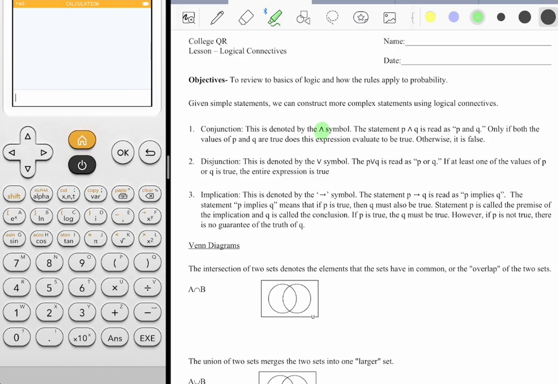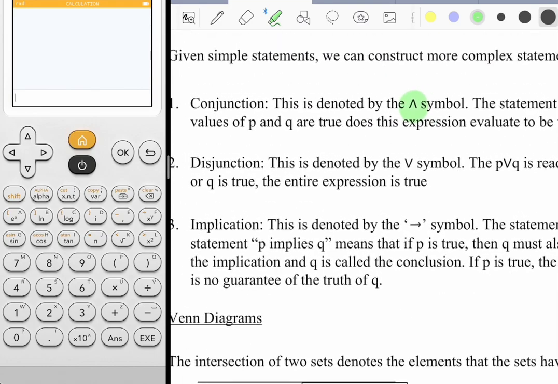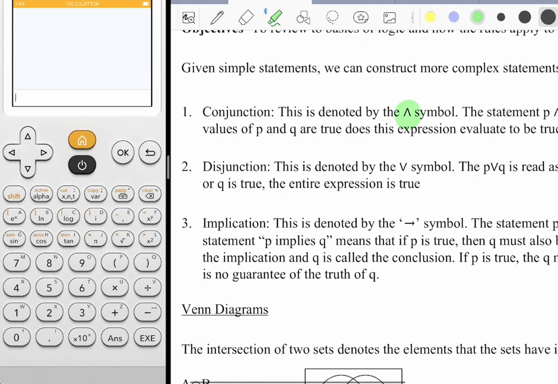All right, so the and is denoted by kind of, like I call it an almost A. All right, so you have that upside down V, that stands for and. It's a conjunction. Well, we think of it in lay terms, as and. And the disjunction is denoted with an ordinary V, but our lay term for that would be the word or.